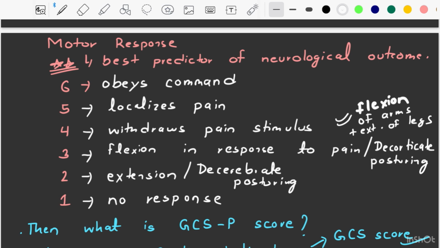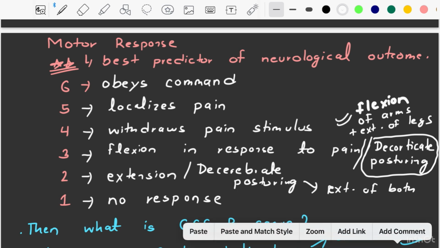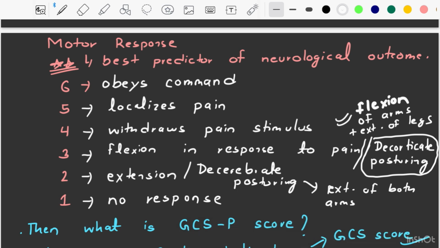Okay, so decorticate position is the flexion of arms and extension of the legs, whereas decerebrate position is extension of both arms and legs.